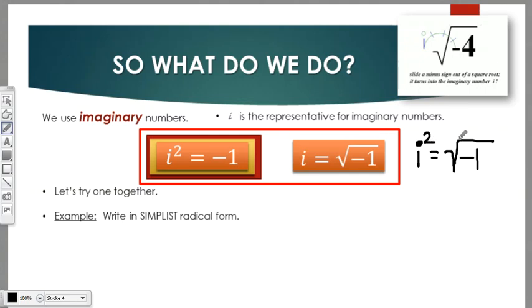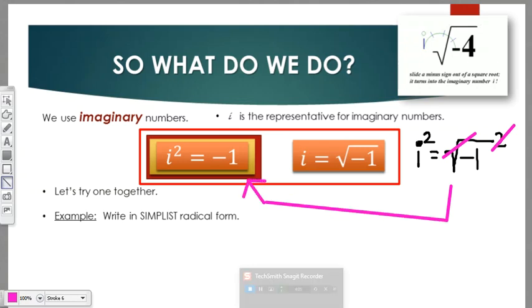If I square it here, I've got to square it here because they're equal to each other. And we know, or we should know by now, that a square root and a square cancel. That's what creates this idea of i squared equals -1. Because of that operation, that they're opposites, we're left with just -1.